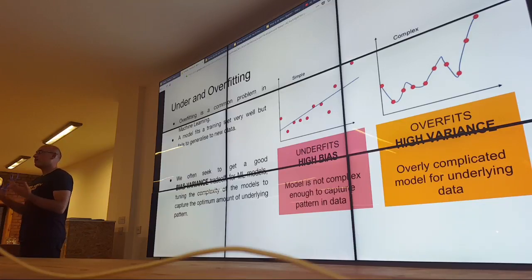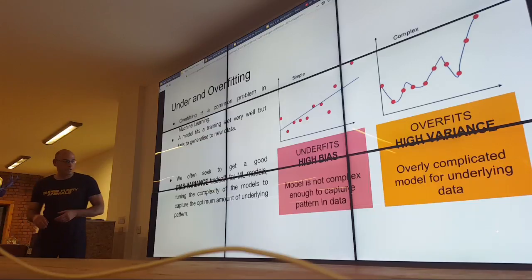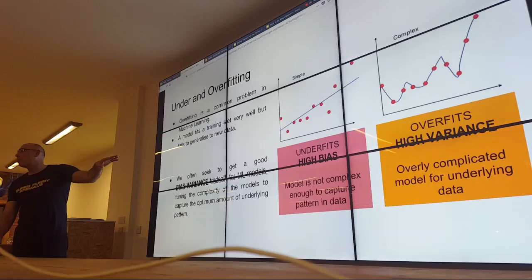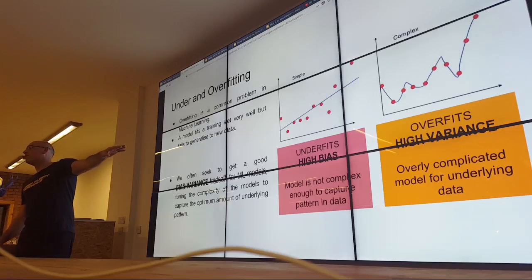And that's where us, as machine learning people applying these algorithms, that's where our knowledge and judgment comes in as really important. We need to make sure that we capture enough of the underlying problem, but don't capture the noise. So we need to fit the pattern and not the noise, and that's often really difficult.